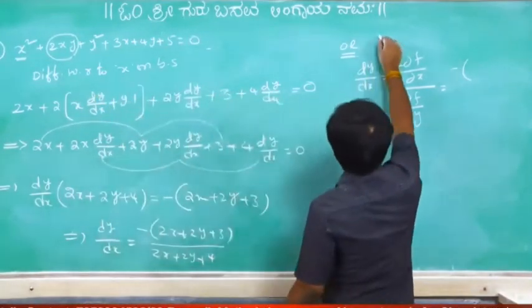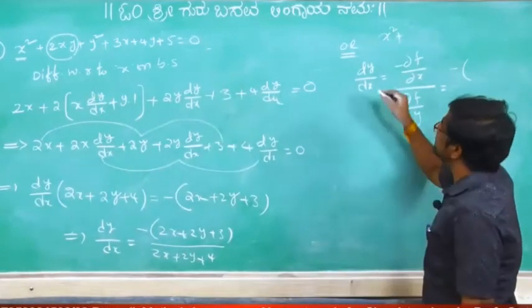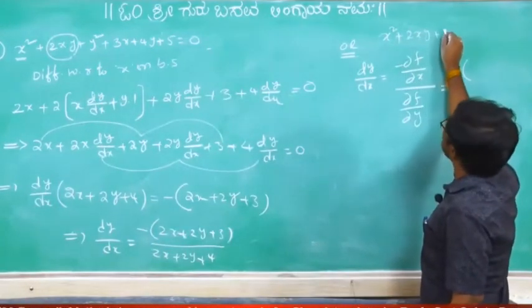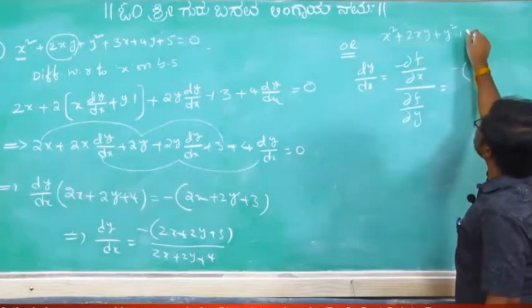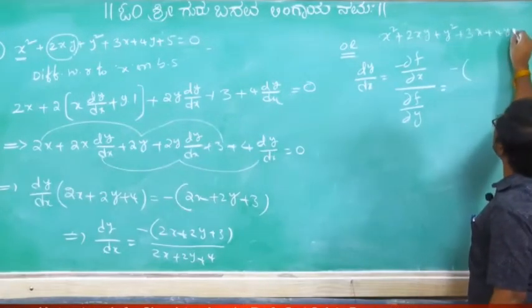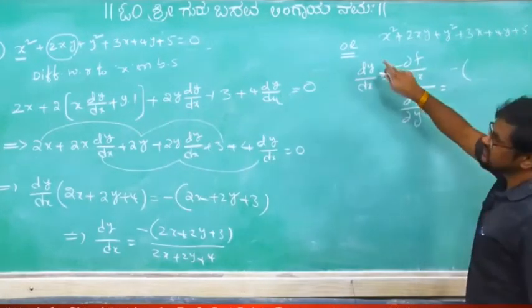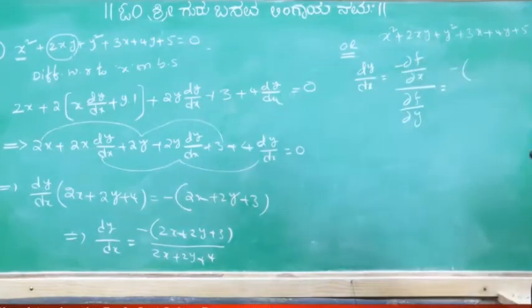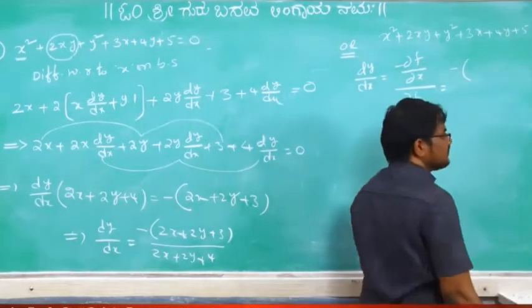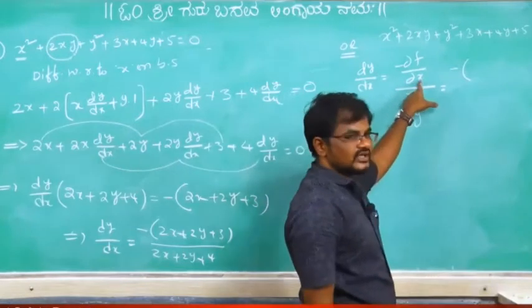So here once again I will write it as x square plus 2xy plus y square plus 3x plus 4y plus 5 equal to 0. Partial differentiation with respect to x.